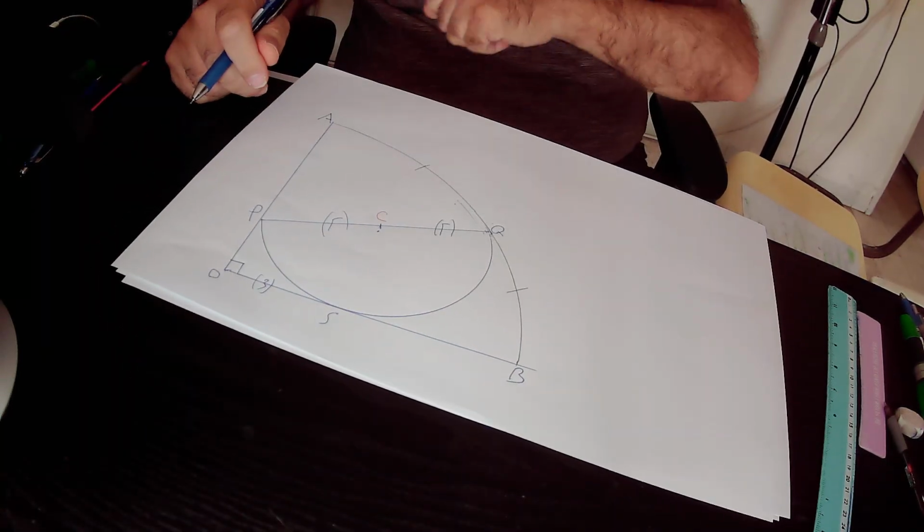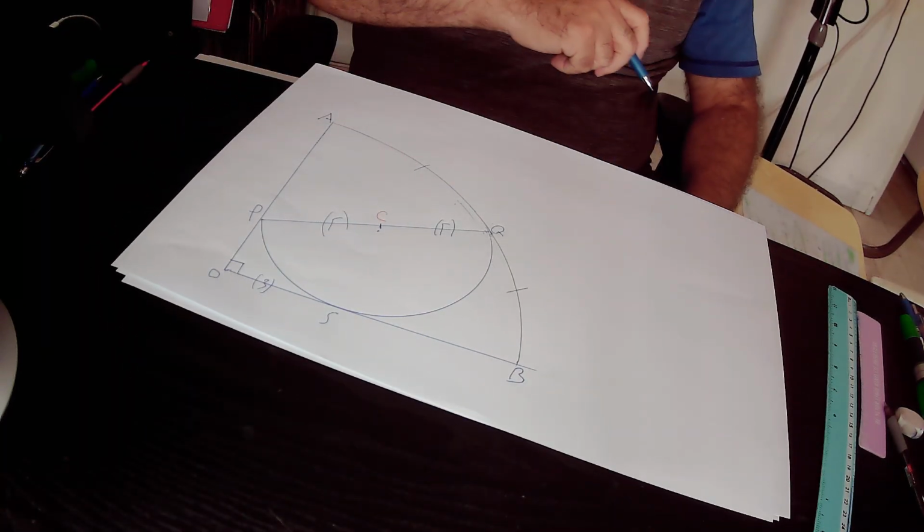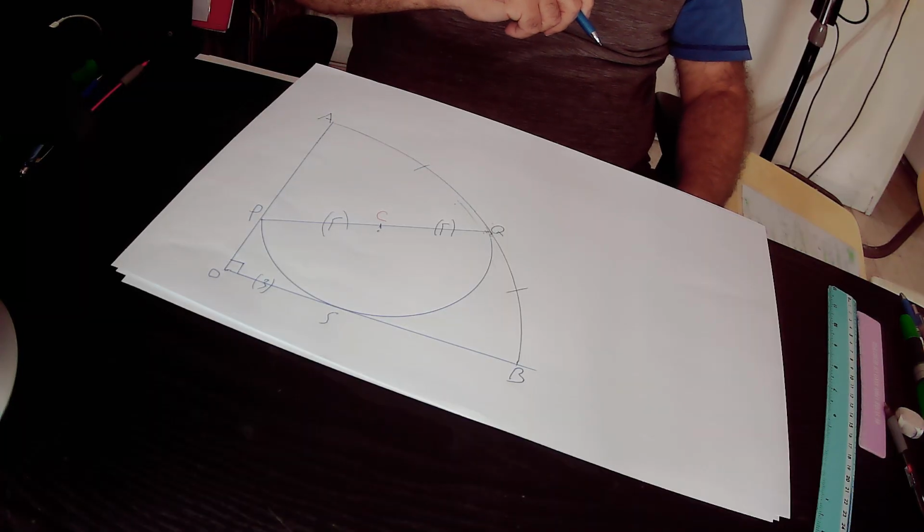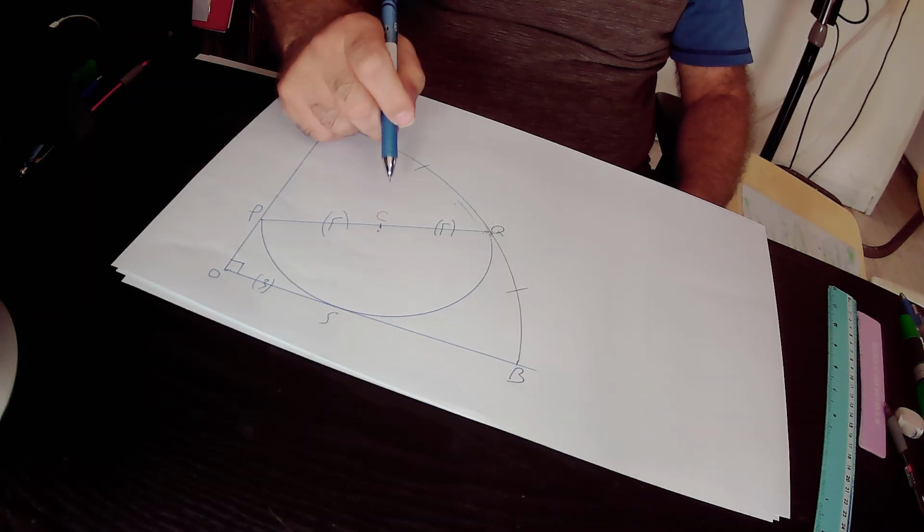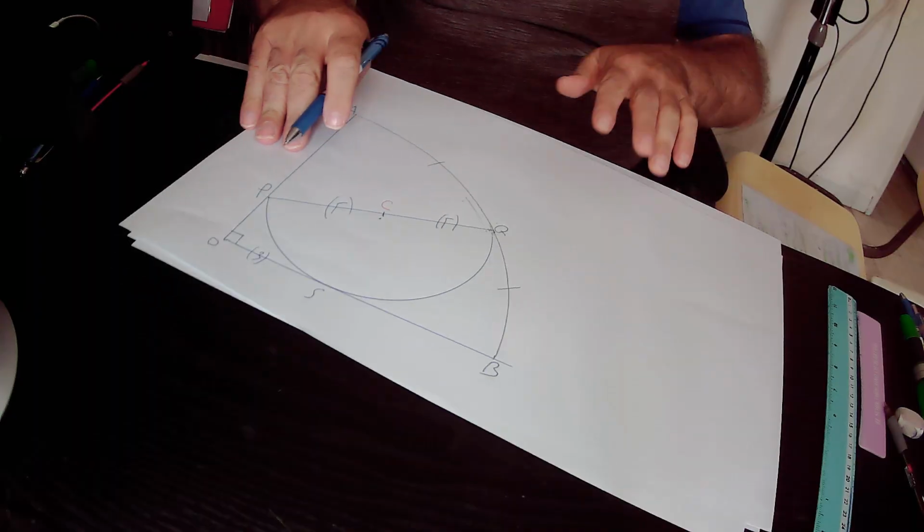Point S is the point of tangency of tangent OB with this semicircle. So we join point C and S together by a straight line.